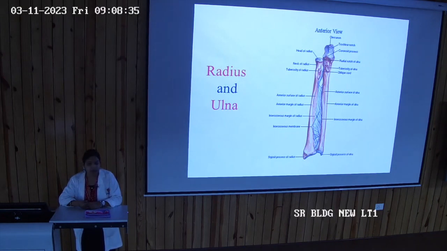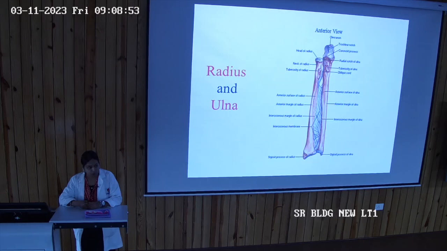Second, articular surfaces. What are the surfaces participating in the joint? For radius, it is the circumference of the radial head. Yes, the circumference of the radius participates in the formation of superior radioulnar joint, and for ulna it is radial notch.